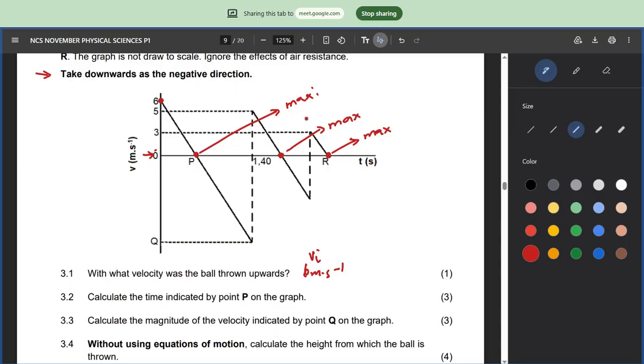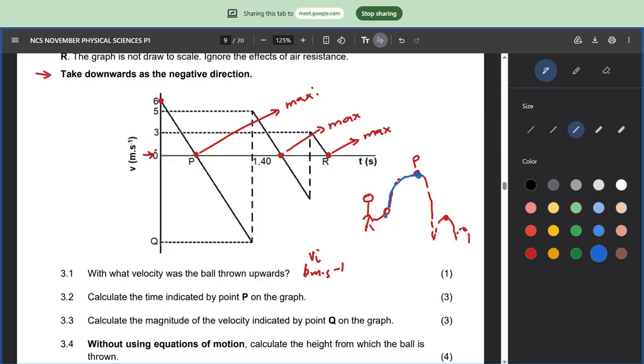Meaning that if a person throws a ball upward, it starts from a certain height, then the person will throw it up, then it reaches the maximum height, then it will travel down to the ground. That's when it starts bouncing. The more it bounces, the more it decreases the maximum height. You understand? So these are your max points, and the one that we are looking for is the first max. That's P. You just have to understand this path here.